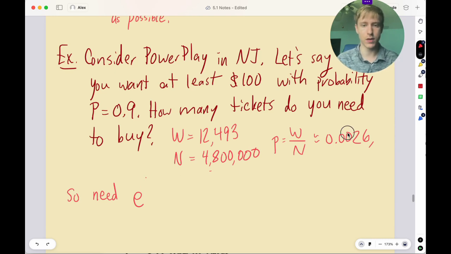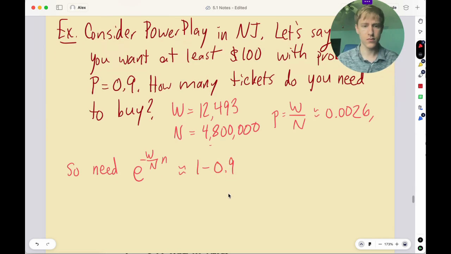So we need e to the w over capital N times n. We need that to be as close to 1 minus probability of success as possible. Okay, so plugging in the numbers, we know that this ratio is the 0.0026, so we get e to the minus 0.0026n. We want that to be as close to 0.1 as possible.